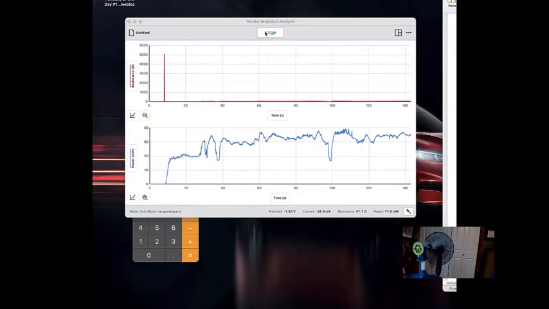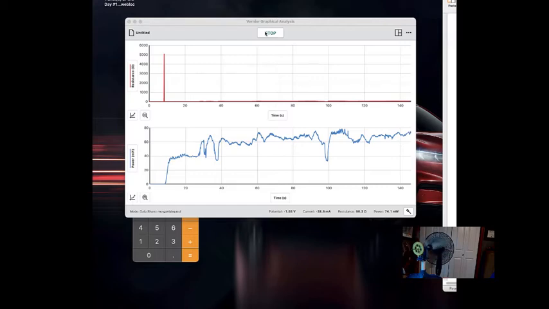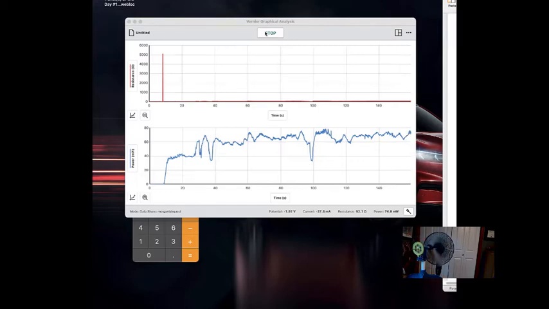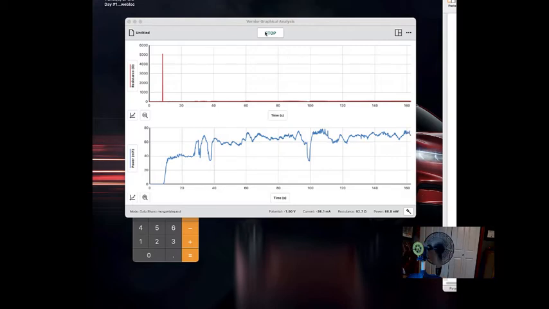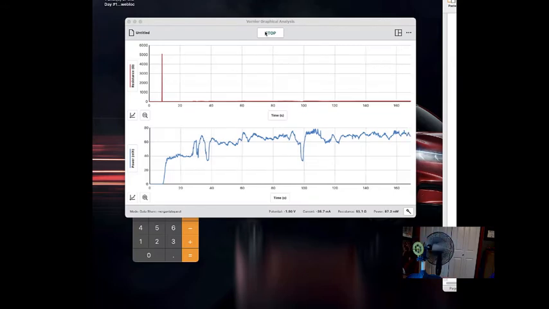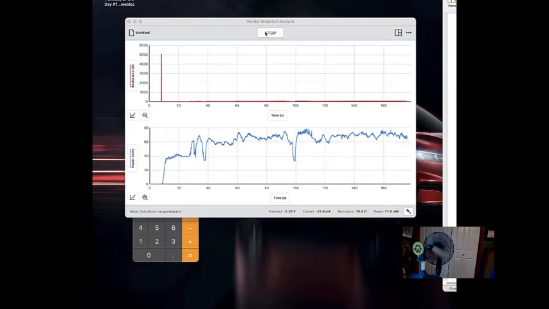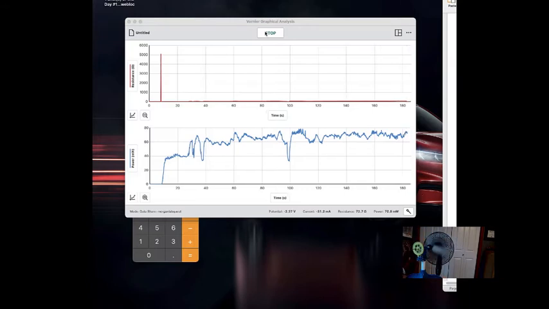And up to a little more. 54 is 69.9. Going up to 74. I had to skip 64, so 74 is 72.5.